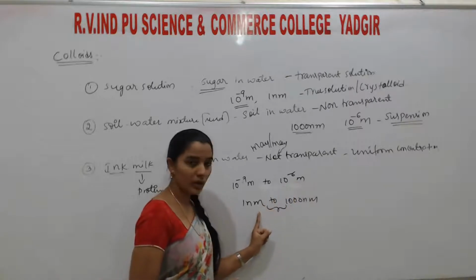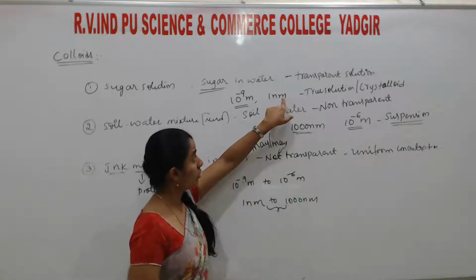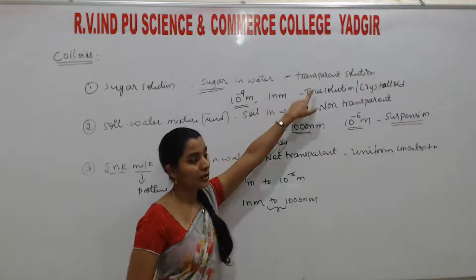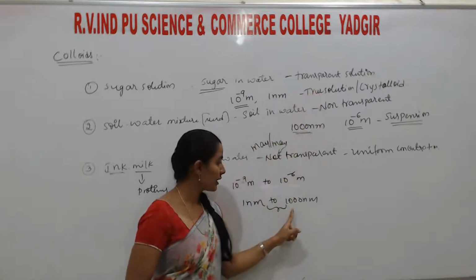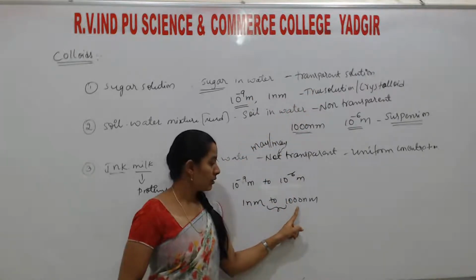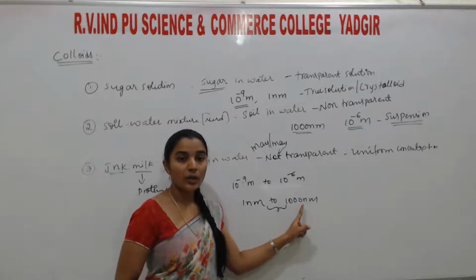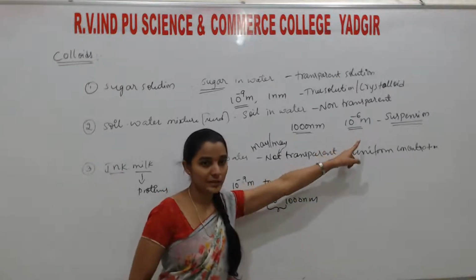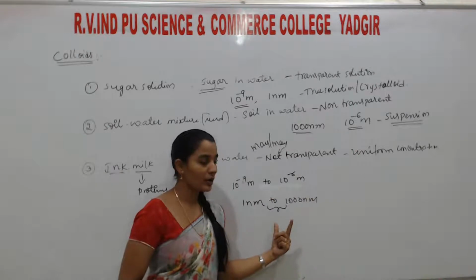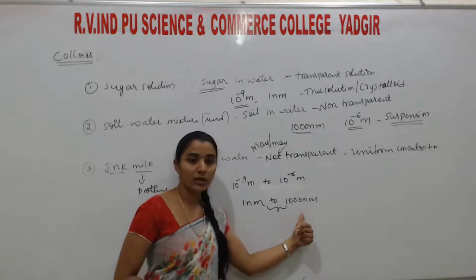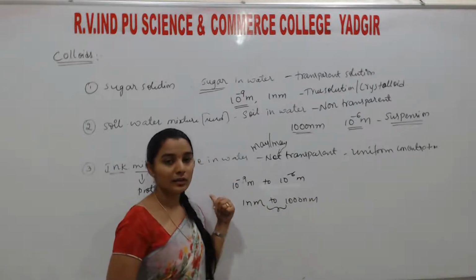If it is less than or equal to 1 nanometer, then it is crystalline. If it is greater than or equal to 1000 nanometer, then it is suspension.